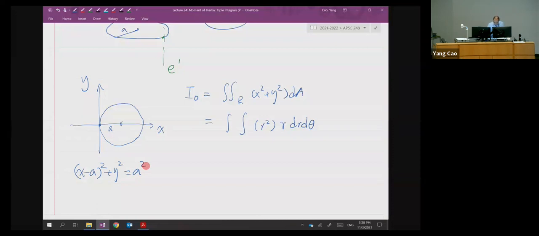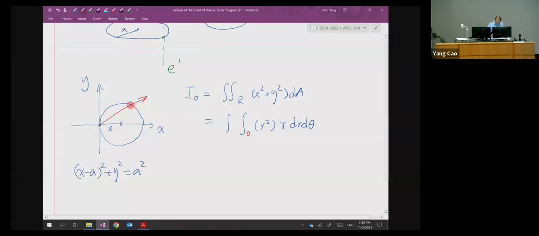As usual, let's follow the process of finding limits. First step, you draw a reading line out of the region R. First contact gives you r min, so r min is 0.